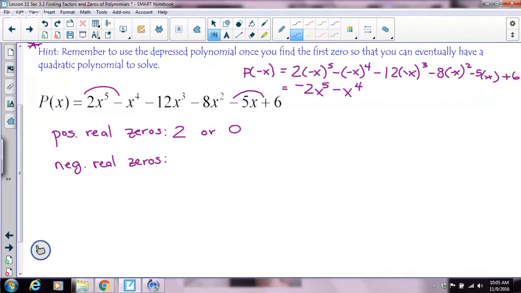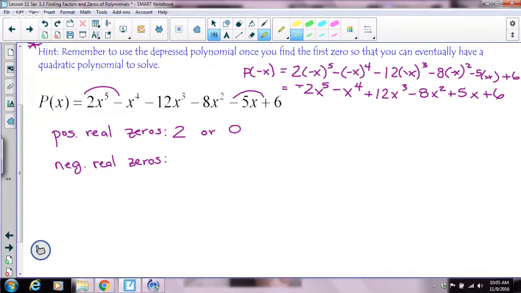Negative x cubed is negative. Negative times negative is positive 12x cubed. Do you see what I'm doing? So if it's an odd exponent, what is it doing to the sign out here? Changing it. If it's an even exponent, it's staying the same. So this is going to be minus 8x squared plus 5x plus 6.